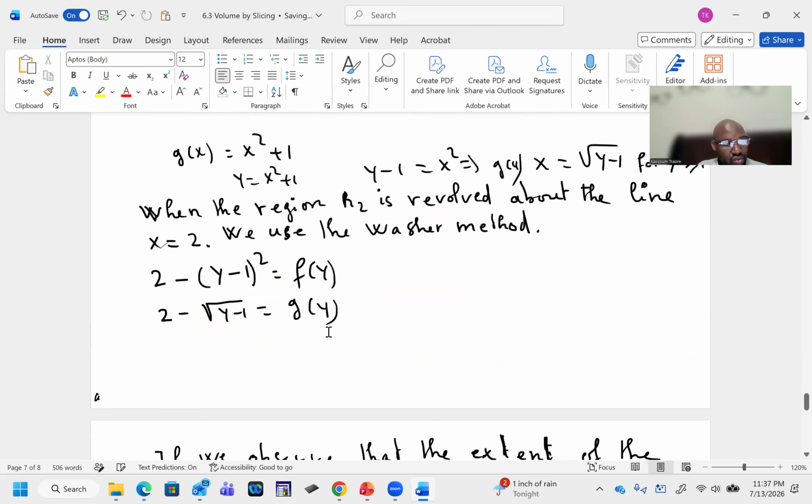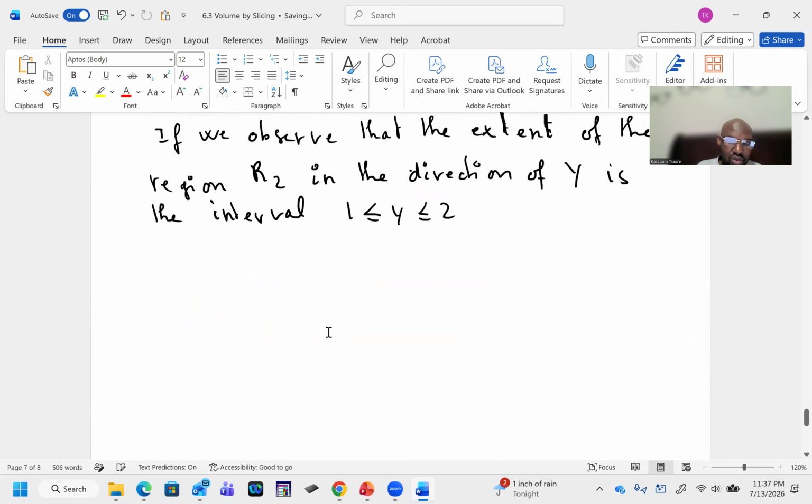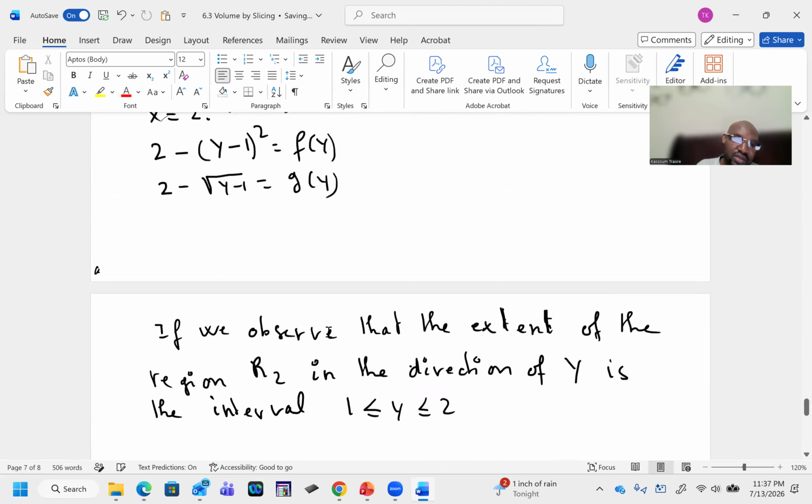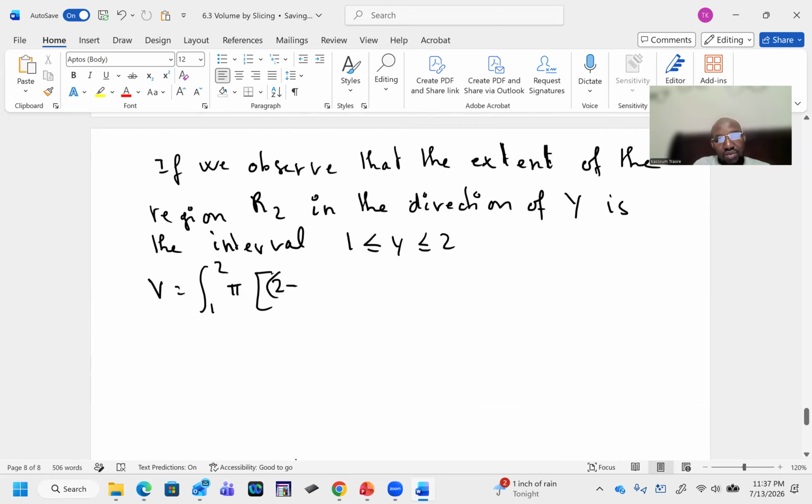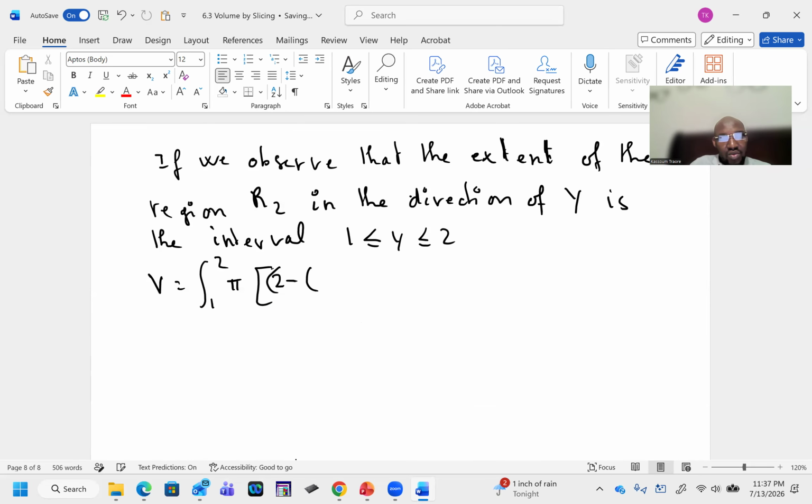So that's why, to find this integral, to find the volume, it will be from 1 to 2 of pi times the integral of 2 minus y minus 1 squared, all squared, minus 2 minus square root of y minus 1, squared, dy.